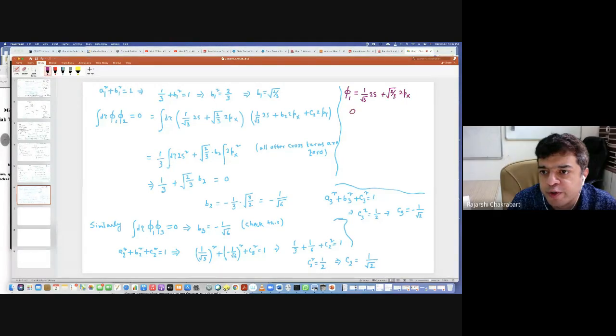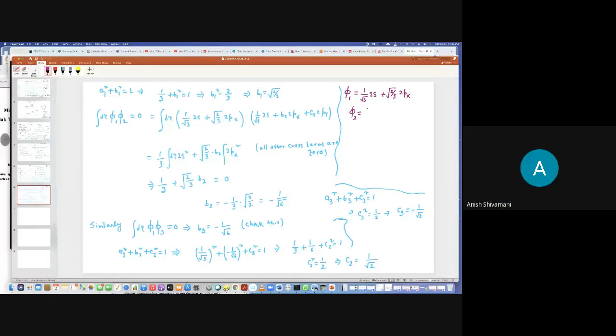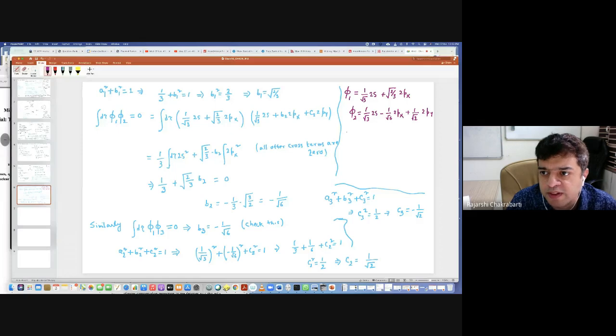What about phi 2? 1 by root 3 2s minus 1 by root 6 2px plus 1 over root 2 2py. What about phi 3?